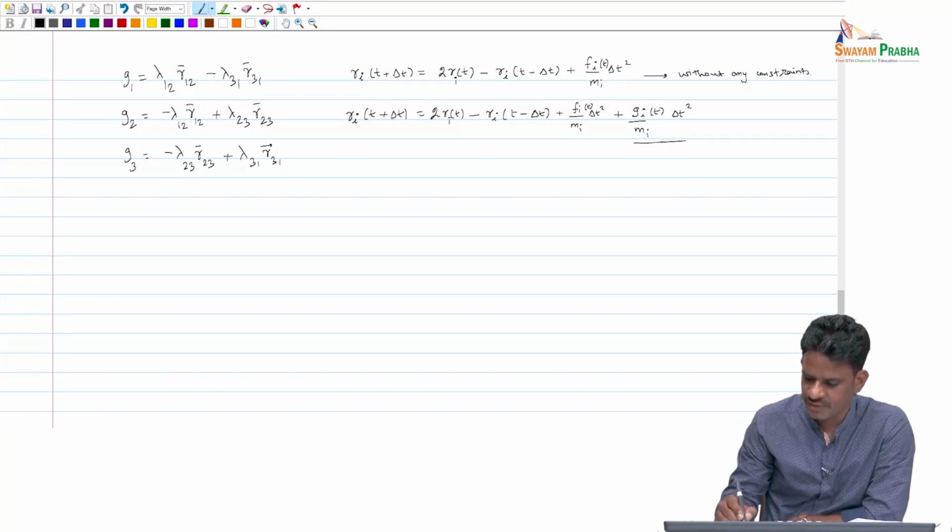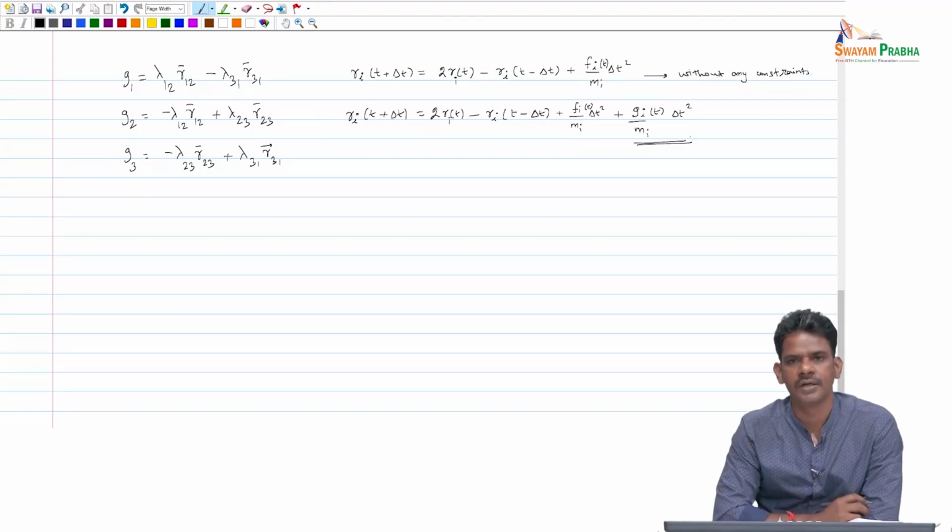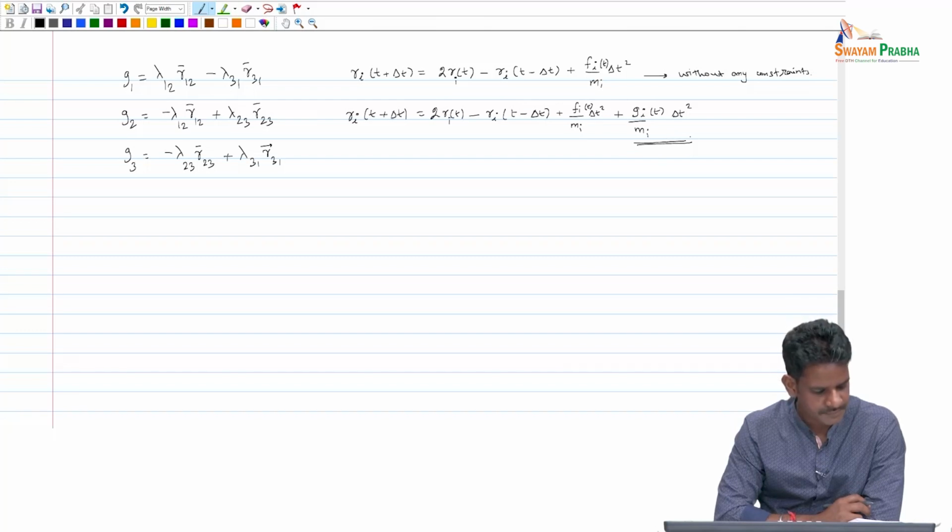So this is the extra term that comes because of the constraint forces in the Verlet algorithm.